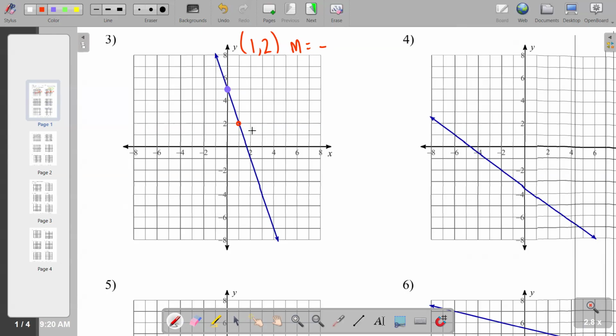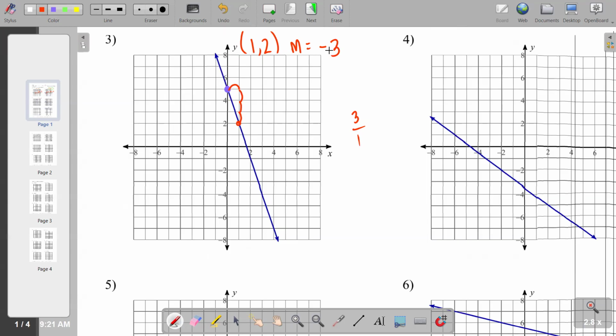Okay. So if you go from the red point to the purple point, you make a vertical jump, a rise, we call it, of 3. You make a horizontal jump of 1. Notice I did not say -1. We've already crossed that bridge, right? So the slope is -3 over 1. Slope can be so simple if we just remember to look at the line as a big picture first.